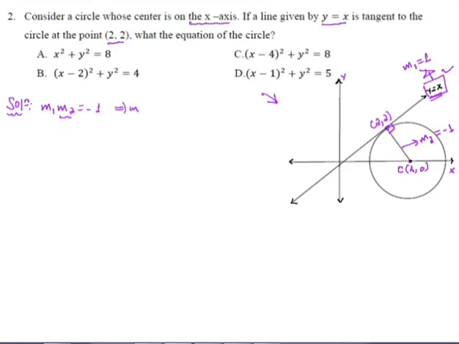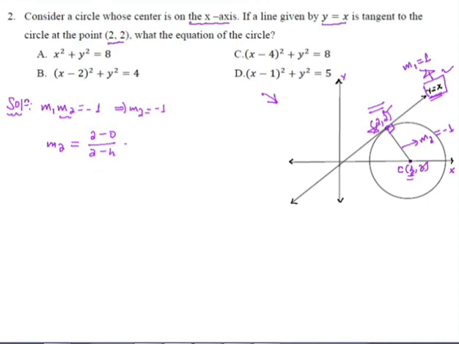Knowing m2 is very important to determine the first entry of the center. The slope m2 is defined as the difference 2 minus 0 over the difference 2 minus h, so 2 minus h.